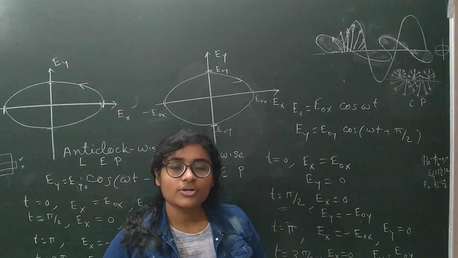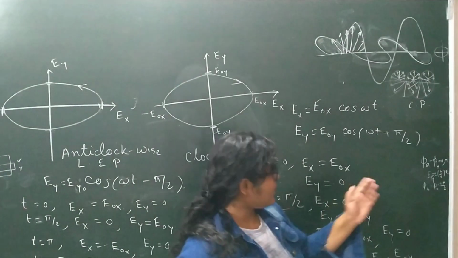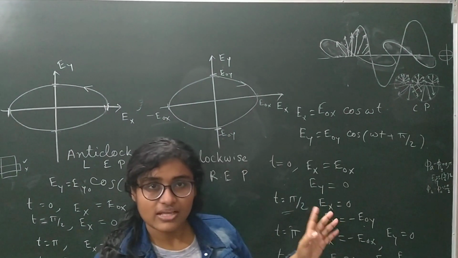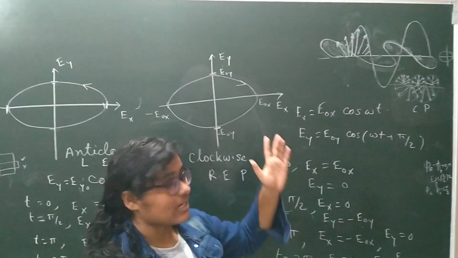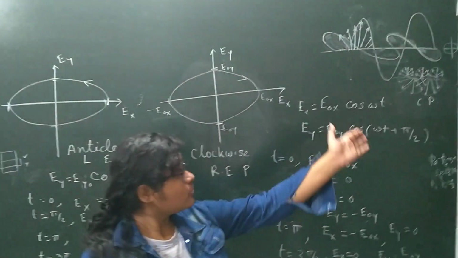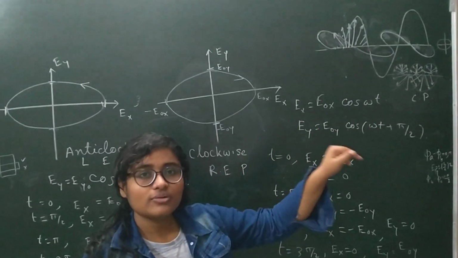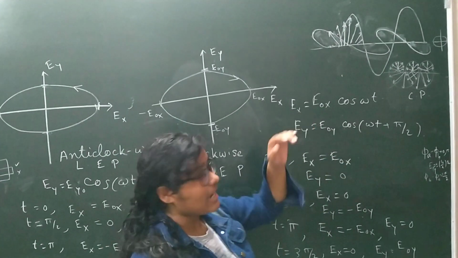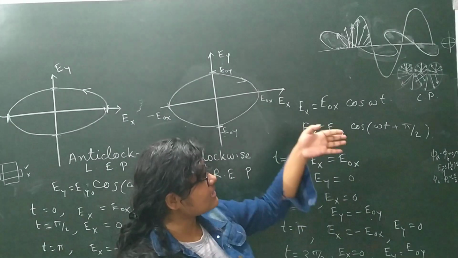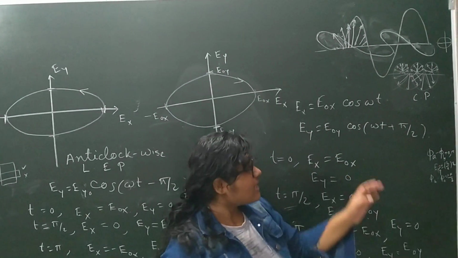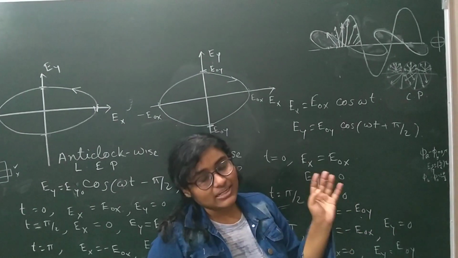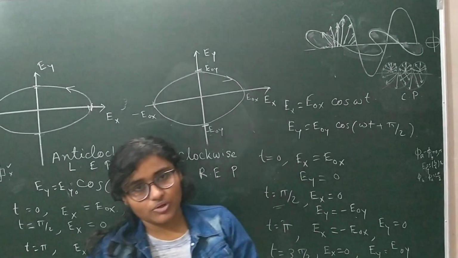And I showed you the cases where the phase difference between the components of the electric field matters. The electric field can be decomposed into its two components, one along the x direction, that is Ex, and another along the y direction, that is Ey. If the phase difference between the two waves is 0 or pi, then that will be linearly polarized light.